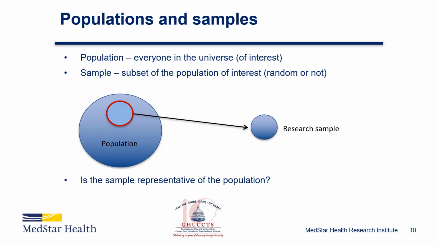As I mentioned, this can be random, or maybe it's not random. But the basic idea is that you have just part of the entire population on which to do your research. So the question is, is your sample representative of the population? This is where statistical testing comes in.